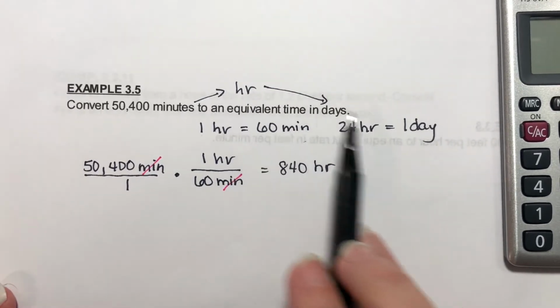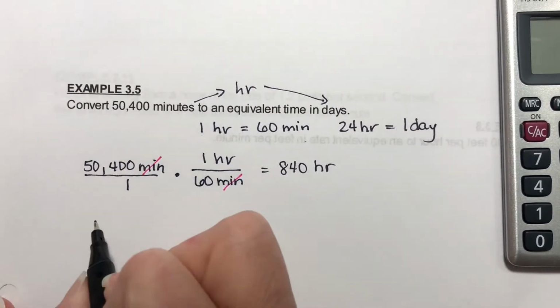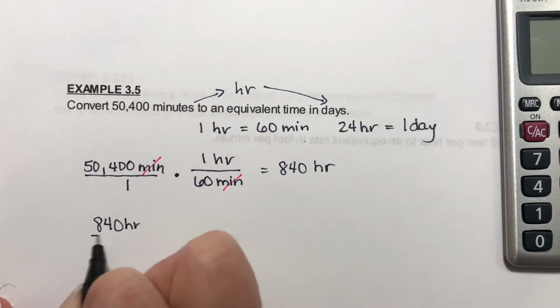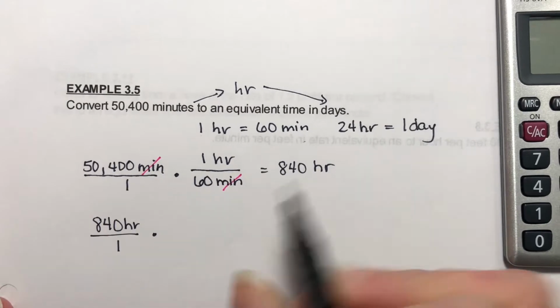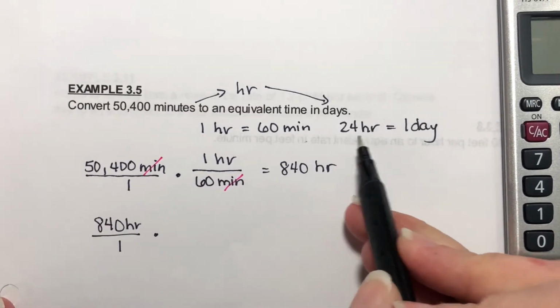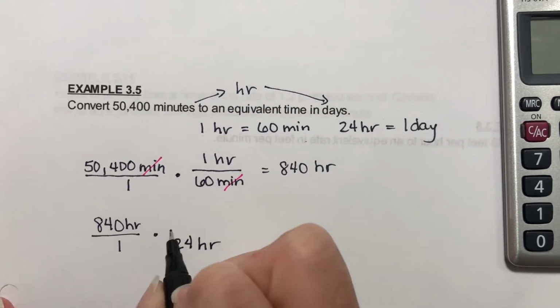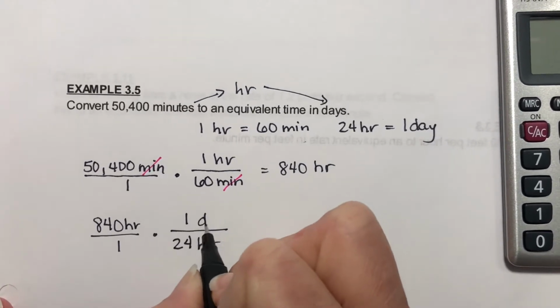Now I want to take hours and go to days. So I'm going to convert 840 hours over 1. I'm going to use this relationship. I'm trying to get rid of hours, so I'm going to put 24 in the bottom and then 1 day in the top.